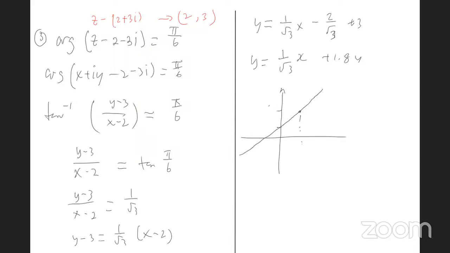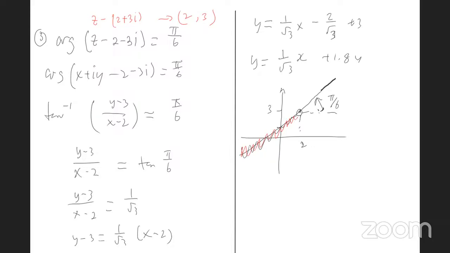2, 3. So you do want this part here, right? You draw your hollow circle here, and your angle is pi on 6. So ignore this part of the line here. If you want, you could expand it out.